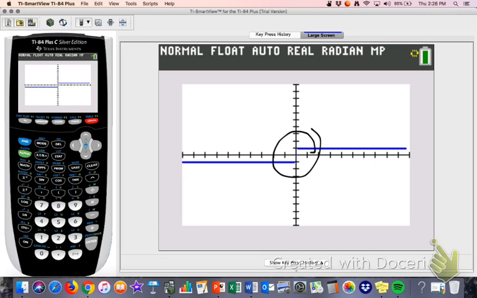But if you were to go to the regular mode, so let's quit the graph.